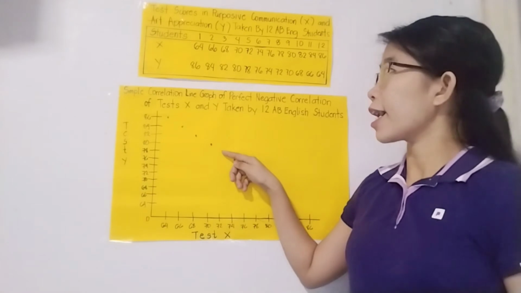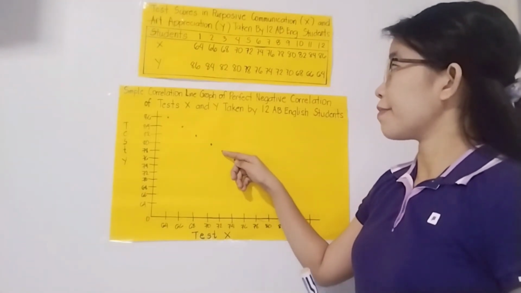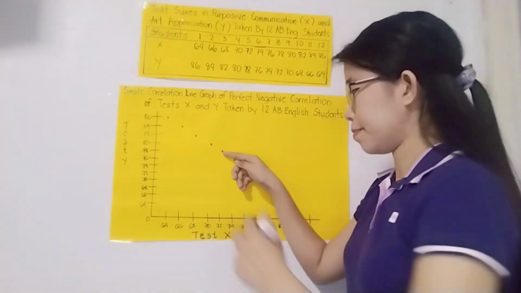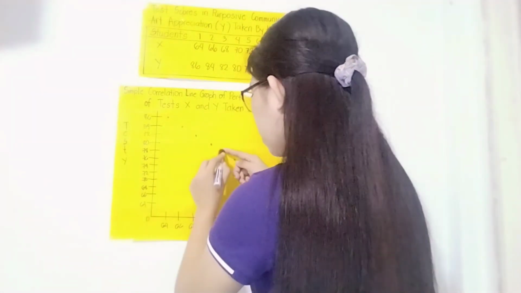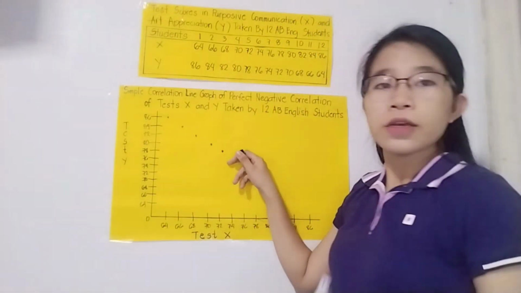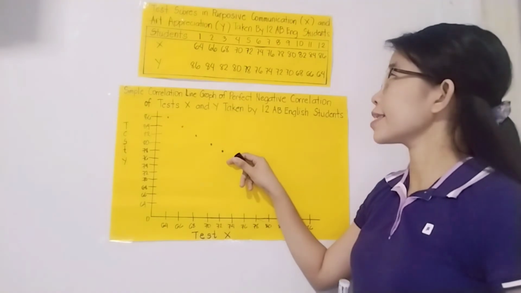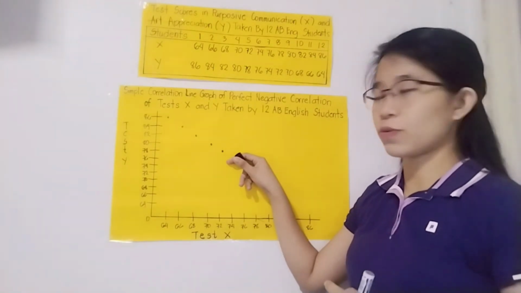Student 5 got the score of 72 in test x and 78 in test y. Student 6 got the score of 74 in test x and 76 in test y.